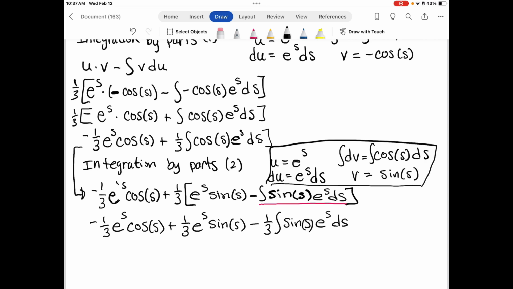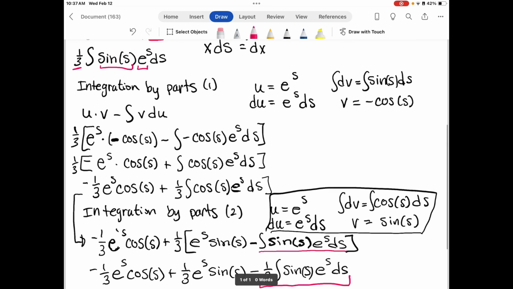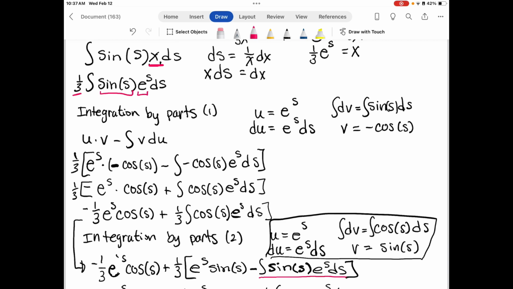All right, so this is all written out. Now, remember, this is what we started with, and we're going to have to repeat the same thing over and over again. It's going to keep cycling through and repeating. So if we look up here where we started, I'm going to call this I for integration. That's what we started with.